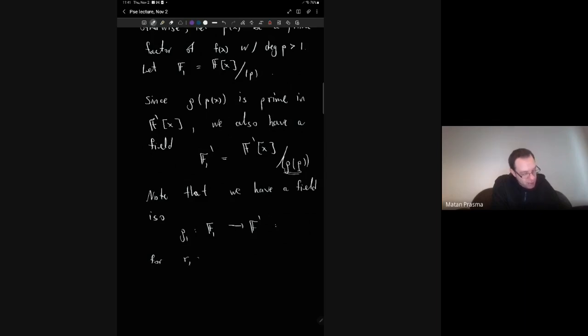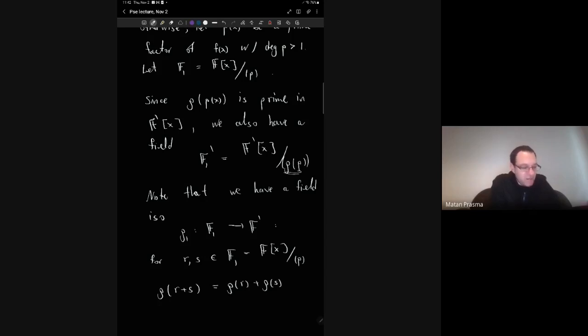For R and S, two remainder polynomials in F1, again, F1 is f of x modulo p, then I take rho of R plus S. It's simply a rho of R plus a rho of S. This is by definition of rho. And the same would go for multiplication.